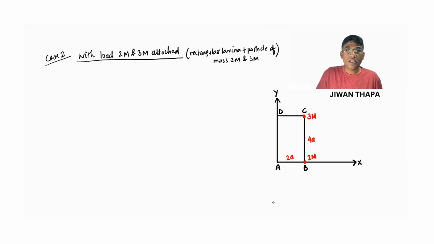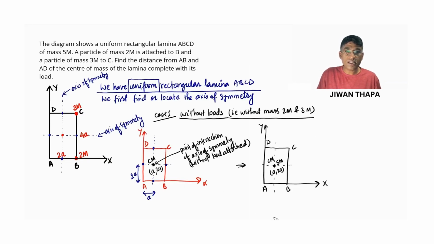Now we have found the center of mass of the rectangular lamina without load, and its coordinate is a comma 2a.